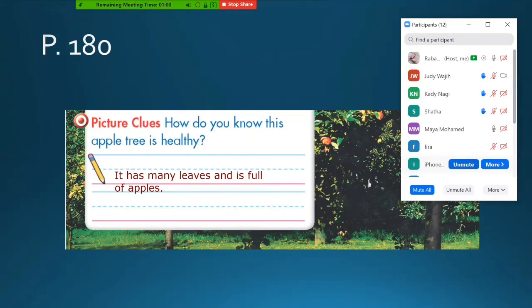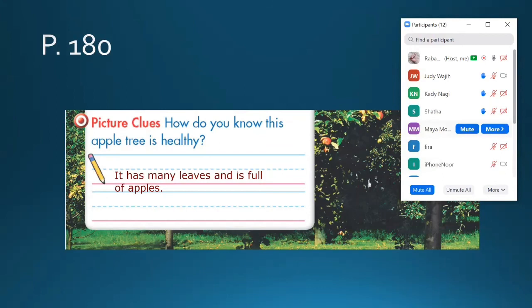By looking at the tree and its leaves. Excellent. Okay, what do you think about the leaves? Leaves will be what if it is unhealthy? Dead. Which color? Sorry? It will be brown. Brown in color. Bravo.